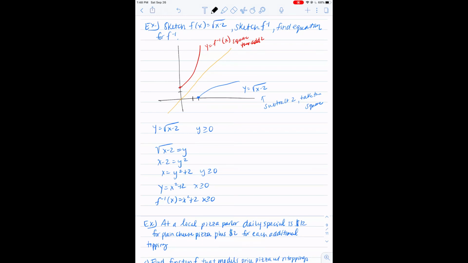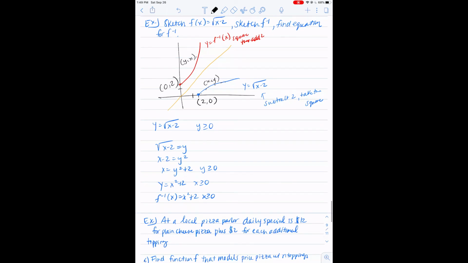But for the inverse, we're going to square and then add 2. So whatever points here, we're going to be flipping them. These are our (x, y)'s, and then here we're going to have (y, x)'s. So for example, this point here is (2, 0), and then this point here is (0, 2).